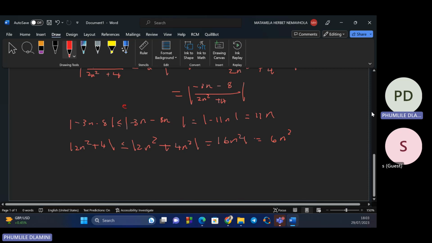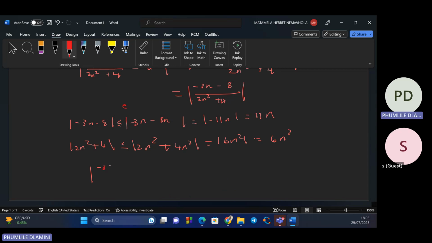So now the absolute value of negative 3n minus 8 over 2n squared plus 4 is going to be less than or equal to 11n over 6n squared, which we can say is 11 over 6n.